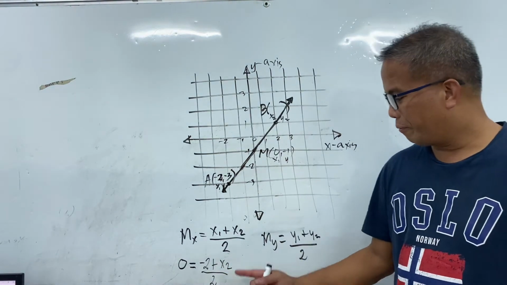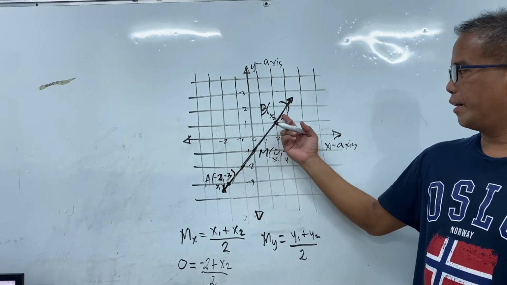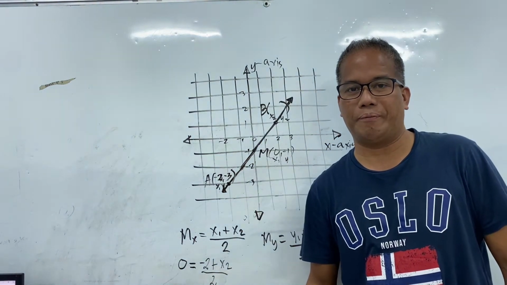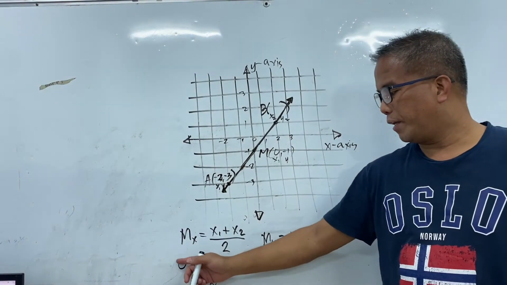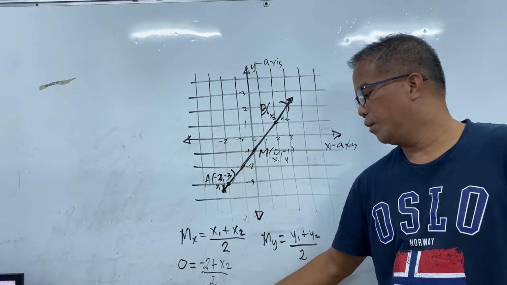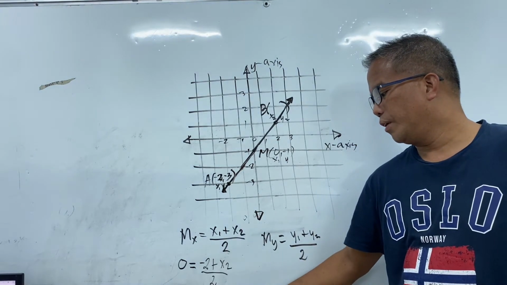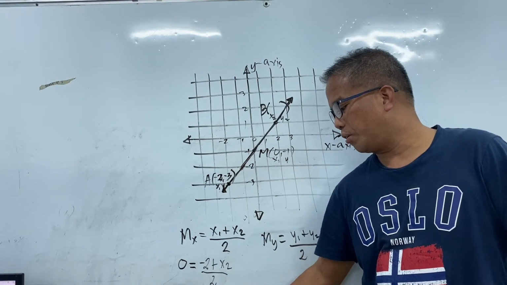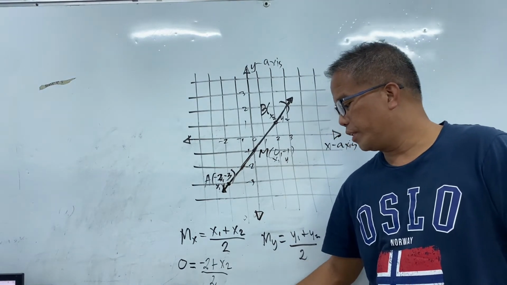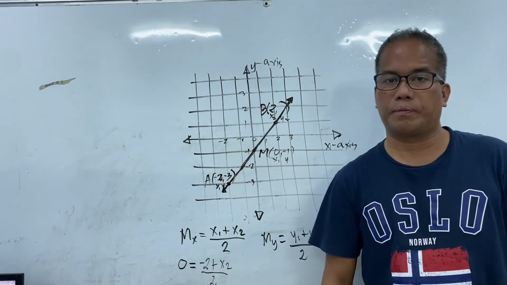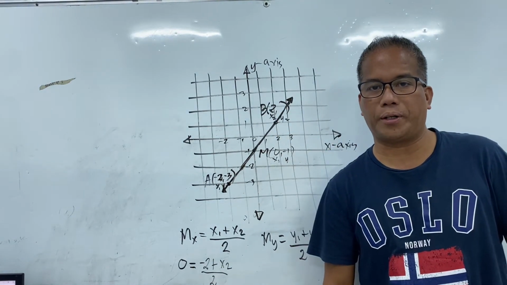We are looking for x sub 2, the coordinate of the other endpoint. So cross multiply, 0 times 2 equals 0, then equals -2 plus x sub 2. Then transpose -2, so x sub 2 is equals to +2. This is the x coordinate of the other endpoint.